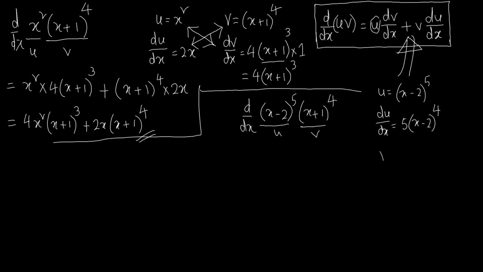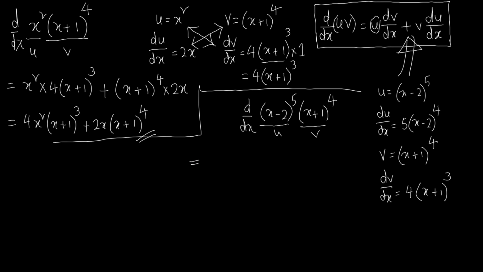And here v is given as (x plus 1) to the power 4, so dv by dx is 4 into (x plus 1) to the power, subtracting 1 from the power, which is 3. If we did it by breaking down, we would need to apply the binomial for u and the binomial for v. It's a huge lengthy procedure, so we should not apply it. We apply the product rule formula, and we will get the same answer.